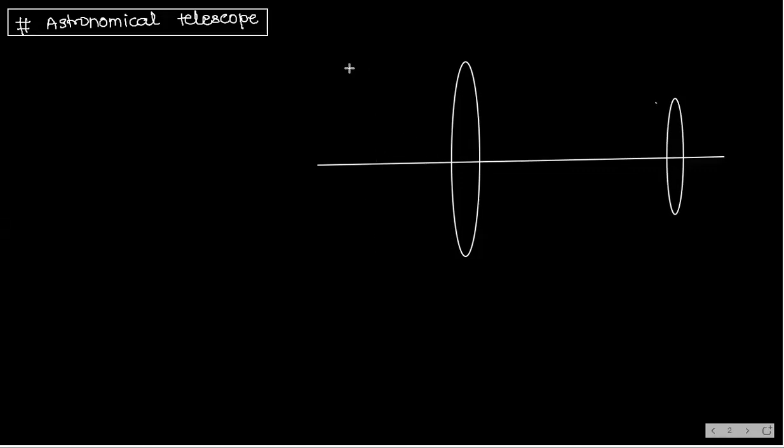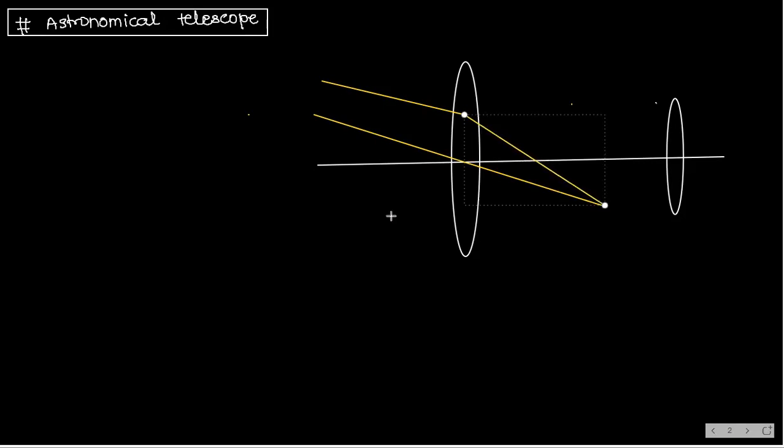Now these two lenses are there. So now the light is coming from infinity like this, and the first image is getting formed due to this somewhere here. The object is where? The object is at infinity. So first image is getting formed here.